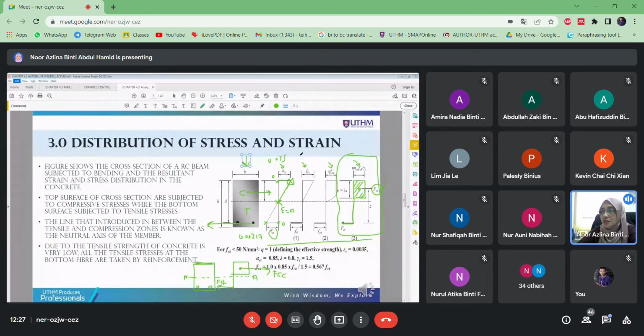So, kalau lihat sini tadi, ini during its service lifetime. This is at failure, at ultimate dia punya limit state. This is the simplification from this ultimate state, from this failure diagram, which will be referred to in the design.